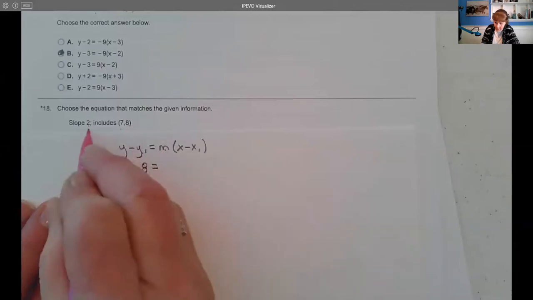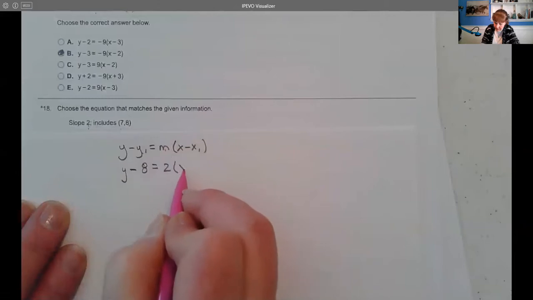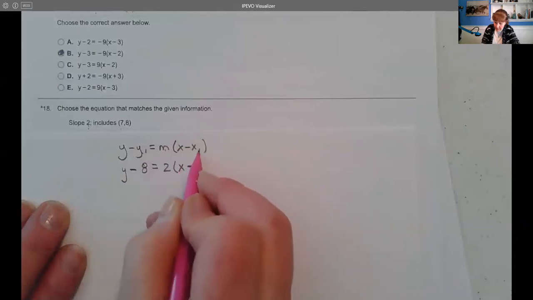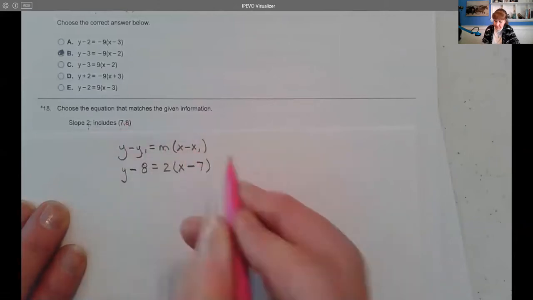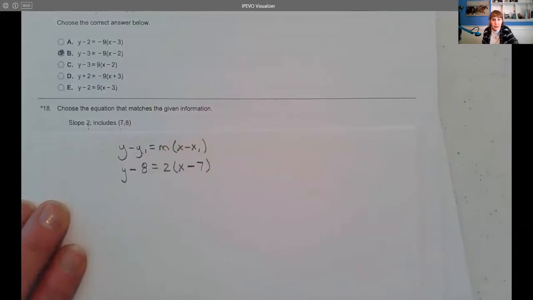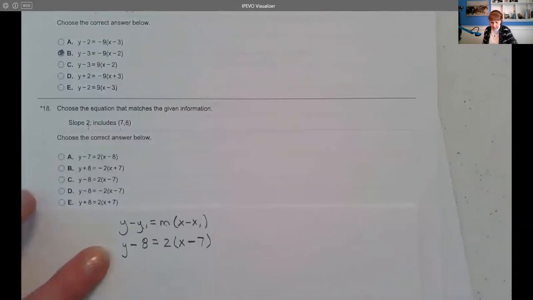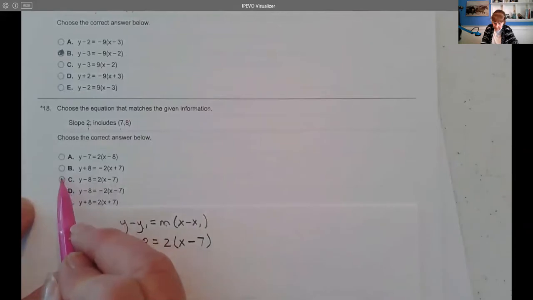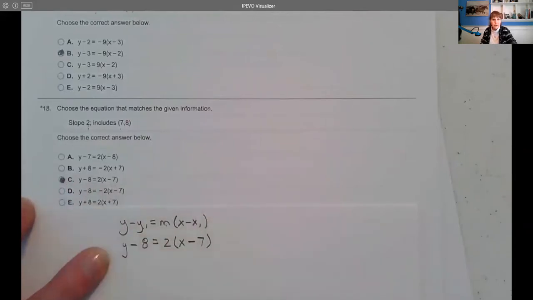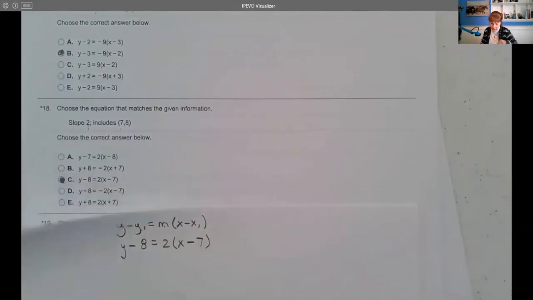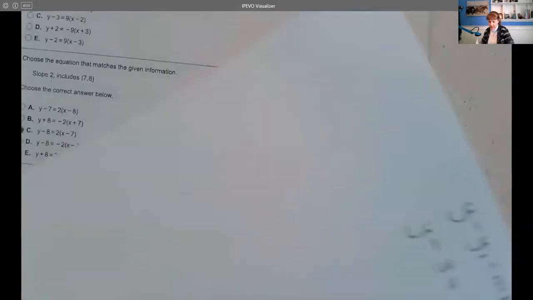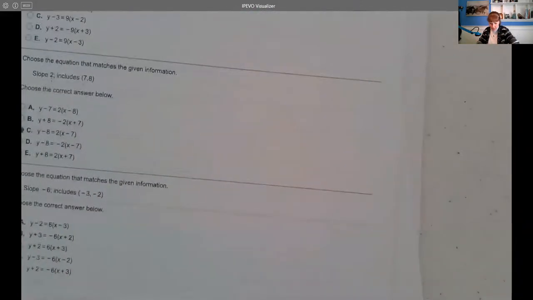Our slope is 2. x minus our x coordinate is 7. And we'll find our answer. y minus 8 times 2, x minus, so it looks like C would be our answer there. All right, last one. So there's only 19 problems in this homework.